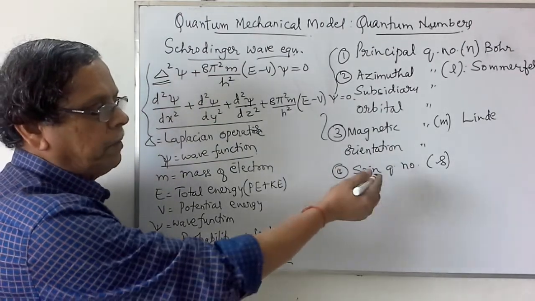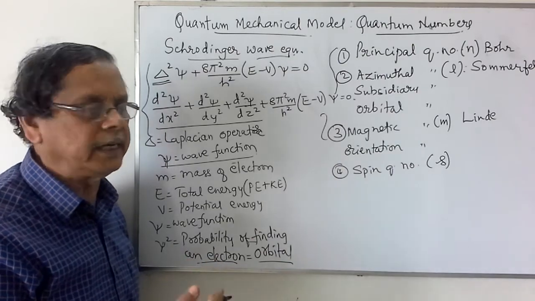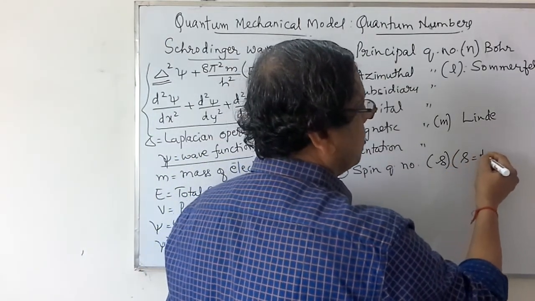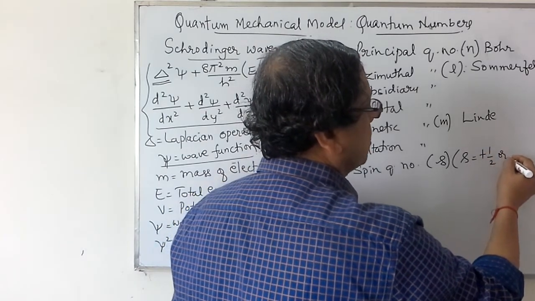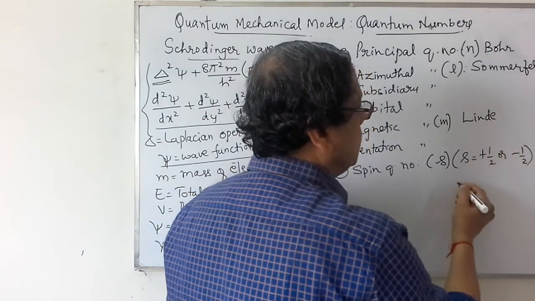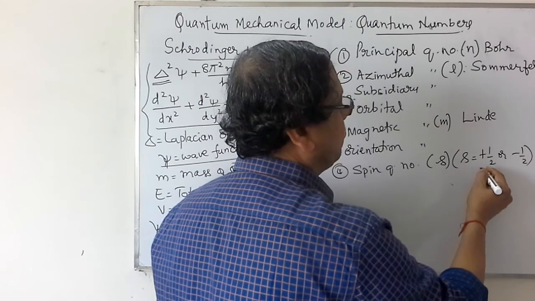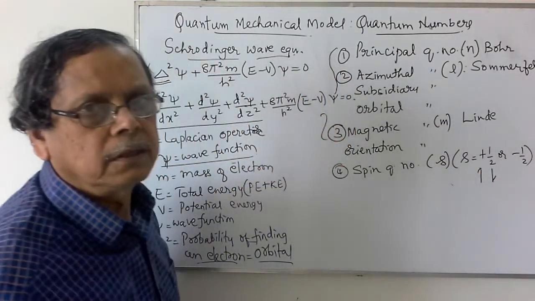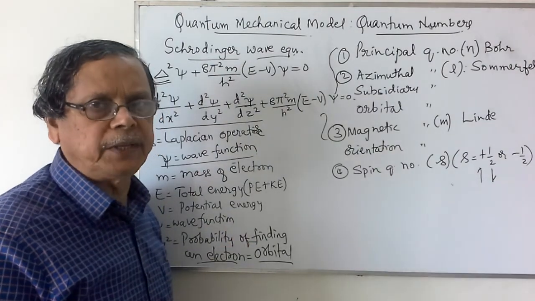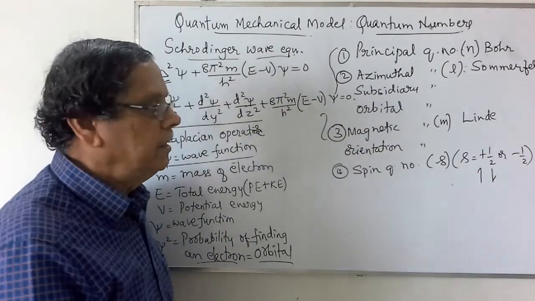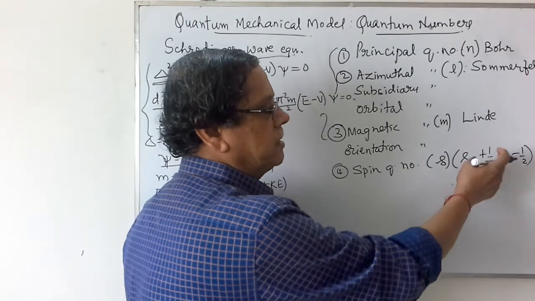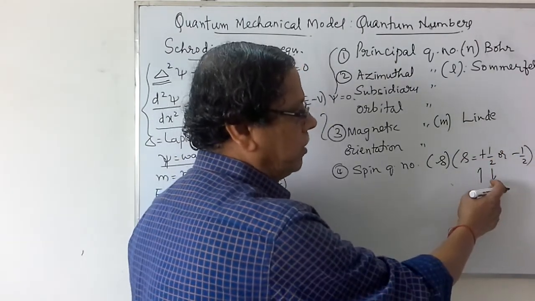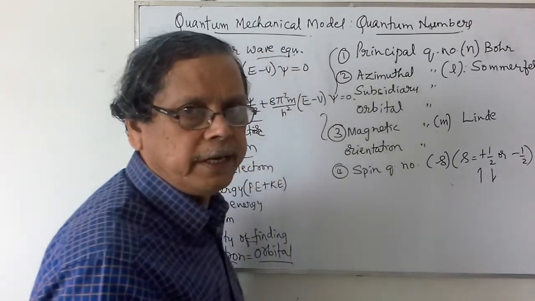But the spin quantum number is independent and can have the values plus half or minus half. This can also be indicated with an upward arrow and a downward arrow, indicating the spinning of the electron around its own axis. If it is an upward arrow, s is equal to plus half. If it is a downward arrow, s is equal to minus half.